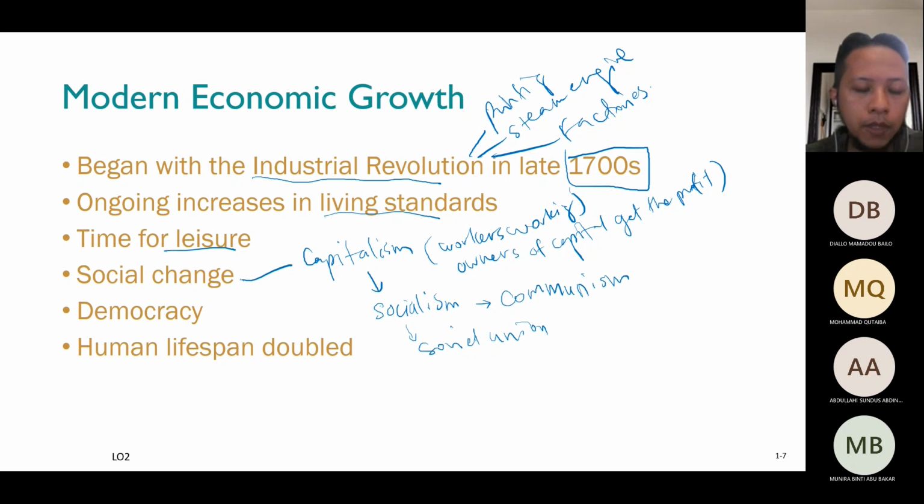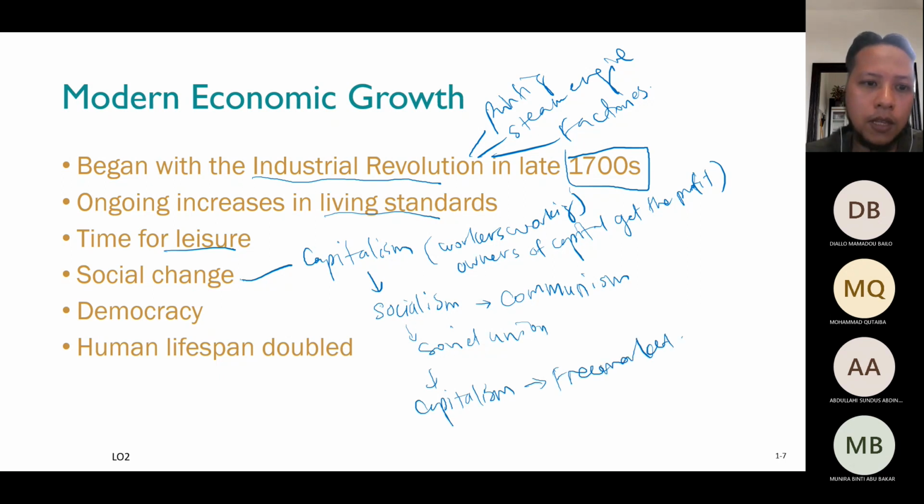Okay, for many reasons, including the war played a factor as well. But currently, we see capitalism prevailing. Okay, and basically, what comes with capitalism is the free market as well. Okay, and with this as well, we see democracy. Okay, where because people are more free, and as a result, after the Industrial Revolution, we saw human lifespan also double, and this is where the era of we started to measure our progress.